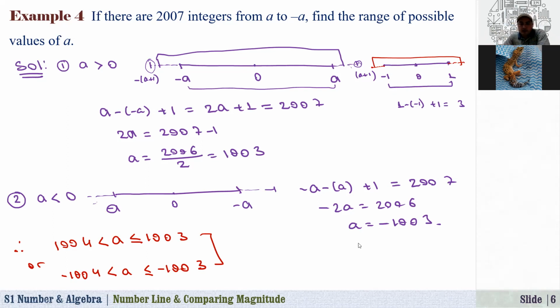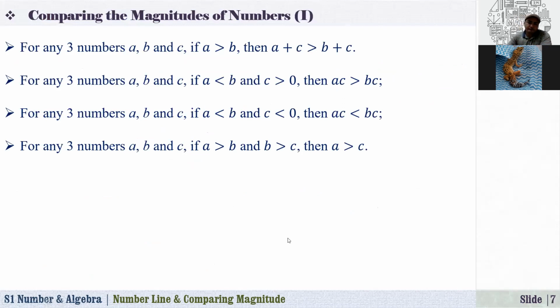All right, let's continue. Comparing the magnitude of numbers. Now these are simple, but very important, fundamental properties over real numbers. The first one is for any three numbers.